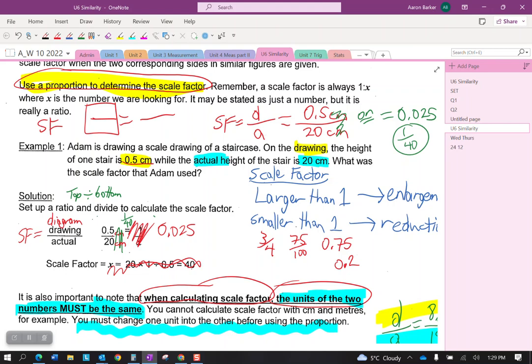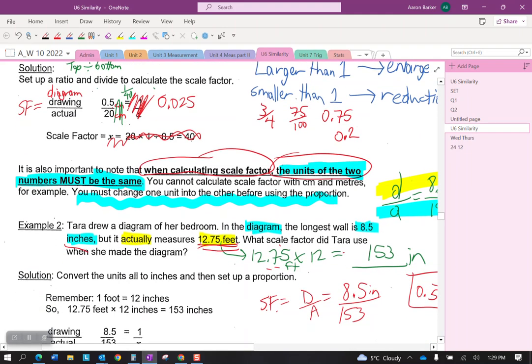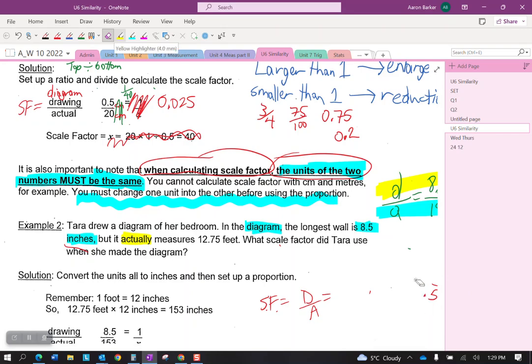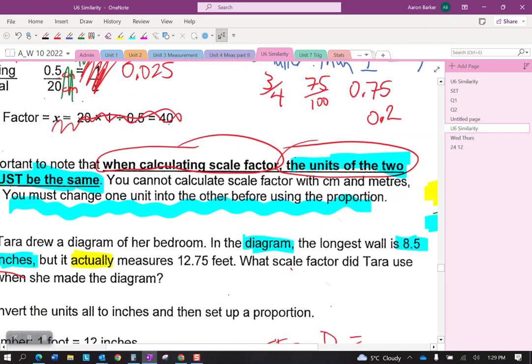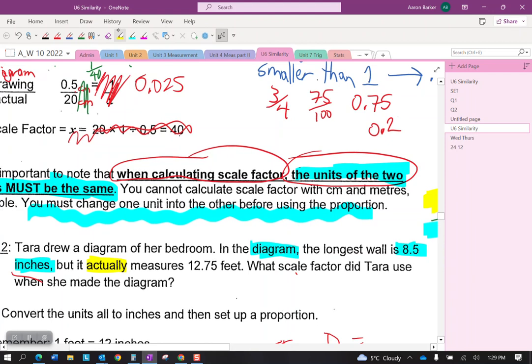Make sure that you have the same dimensions for a scale factor. For example, in this question right here, we have inches and feet. In blue, the diagram is 8.5 inches. It actually measures 12.75 feet. You can't have inches and feet for a scale factor.